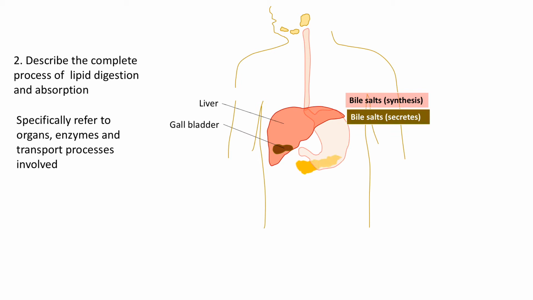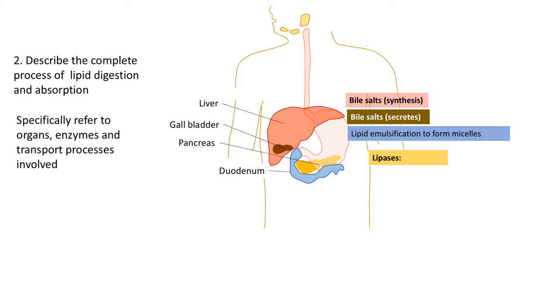The next organ you should have mentioned is the pancreas, and the pancreas produces lipases. So both bile salts and lipases are secreted into the duodenum, that first part of the small intestine, and it's there where they have their action.